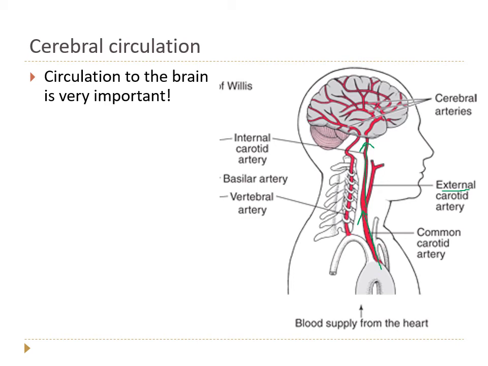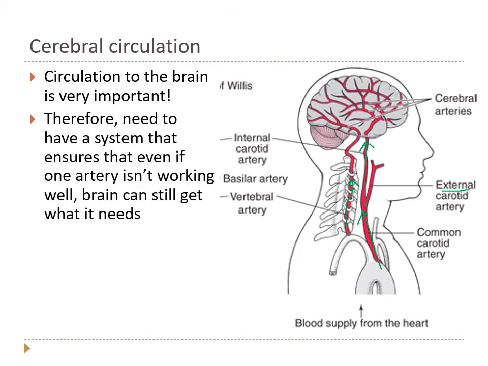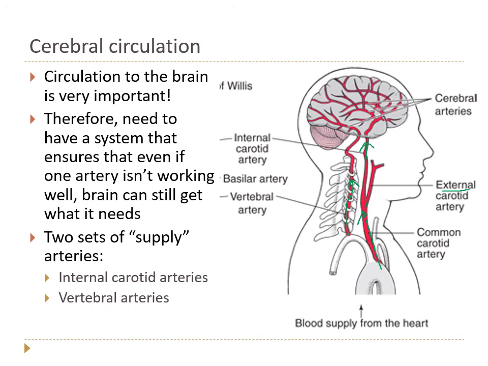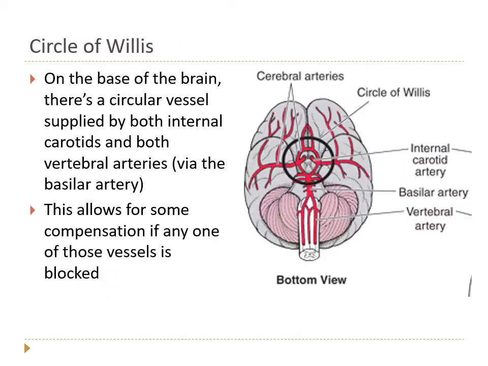We also have the vertebral artery coming up through the cervical vertebrae, which is also going to help supply the brain, because the brain is super duper important, right? So we want to make sure we have a really good system to supply it with all the blood that it needs. So we have both the internal carotid arteries and the vertebral arteries to supply the brain.